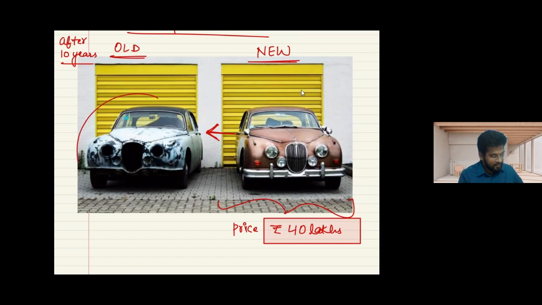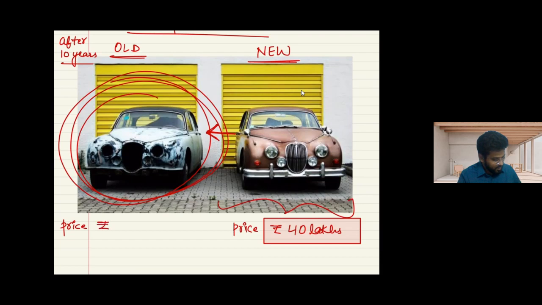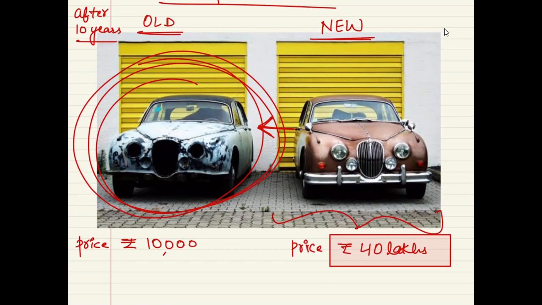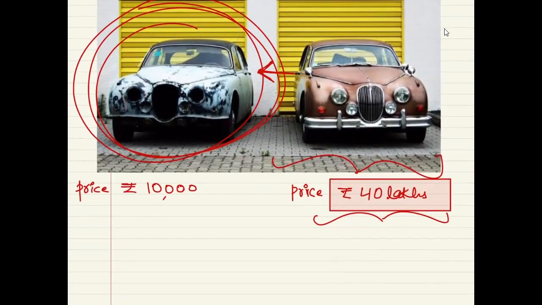But now, if I say this is the condition of the car, what should be the price at this condition? So the price of this car would be, let's say, a scrap value of rupees 10,000. The scrap value of the car is 10,000. So from this scenario, the value has been reduced from 40 lakhs to just 10,000 rupees.